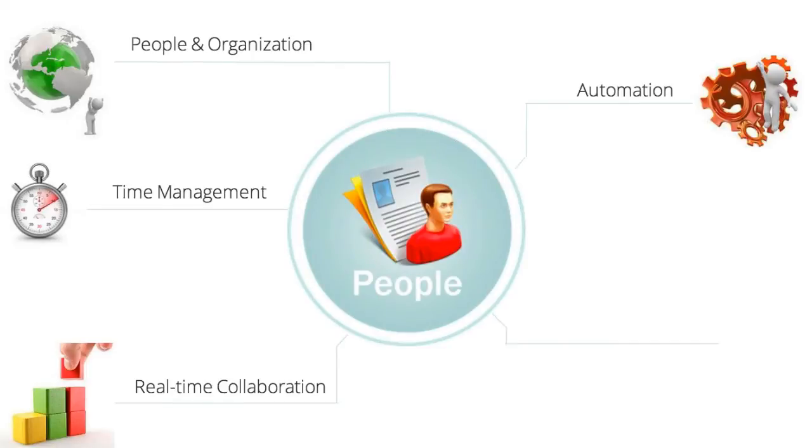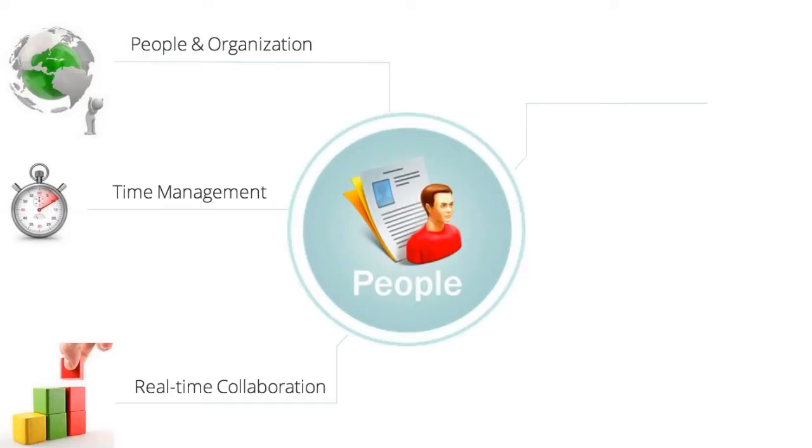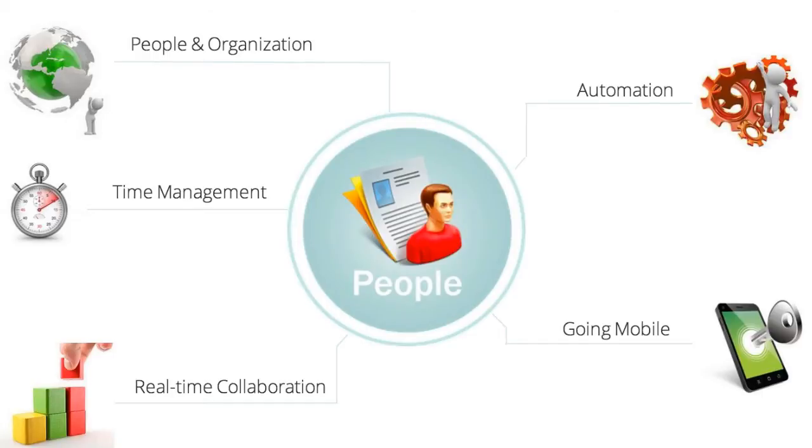And underlying it all, we have the automation tools: checklists, workflows, reminders, email alerts, and multi-level approvals are just a few of them. Since the world is on the move, we believe that we should be too. And that is why we have a Zoho People mobile app, both for iOS and Android.